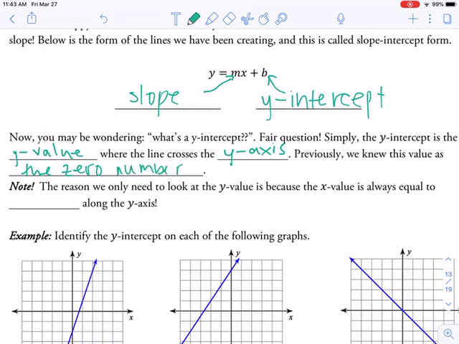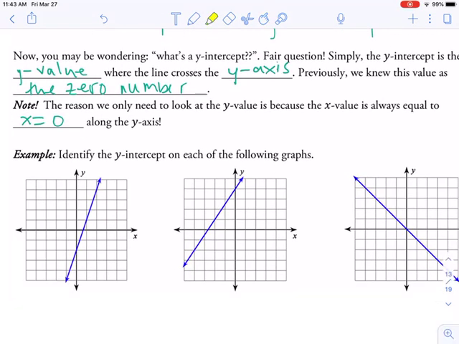We will only have to look at the y value for the same reason that we called this the zero number in the patterns portion of our unit, and that's because we're always looking for when x is equal to 0. The same thing happens on a graph. If you think about the y-axis, here I'm looking at the first graph.